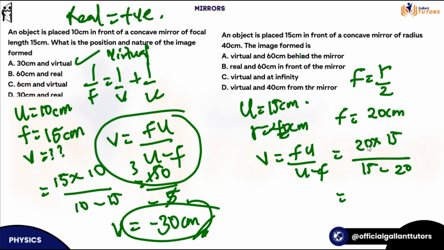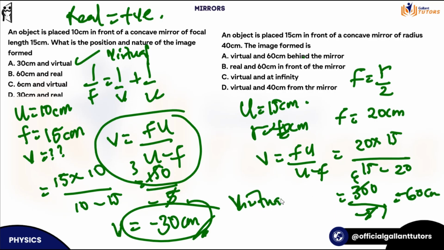So 20 times 15 is 300 divided by minus 5. We have 5 here, 1, 6. So we have minus 60 centimeters. So it means that this image is virtual, 60 centimeters behind the mirror. So A is the correct answer. Is that very clear? Okay. Let's make some progress.